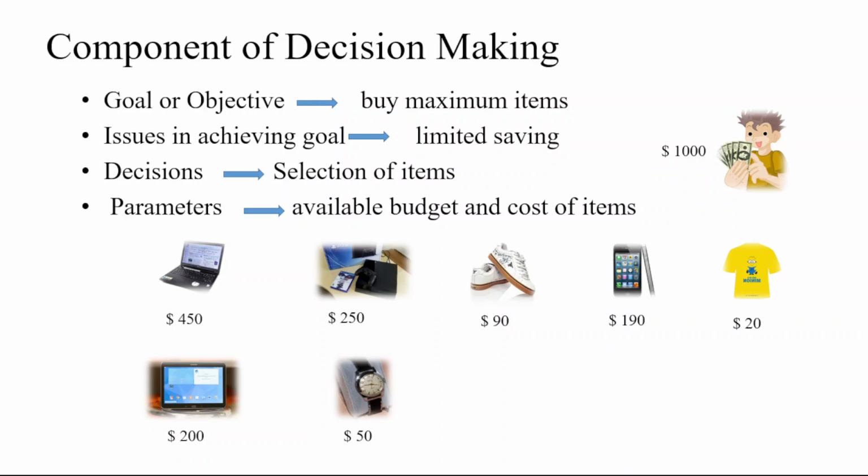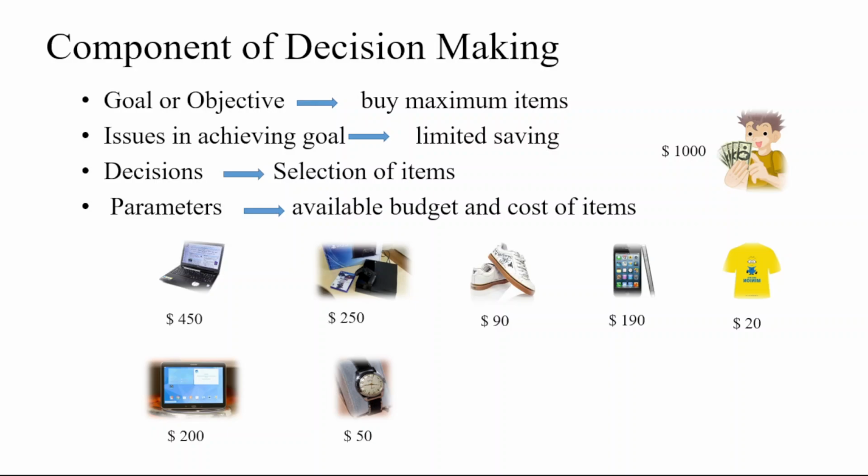In real life, we have problems, issues. In operation research, we call them constraints. In real life, we see so many factors like the cost of tablet, the cost of cell phone. In operation research, we call these factors parameters. A parameter is something whose value is given to you. We know the value of parameters.